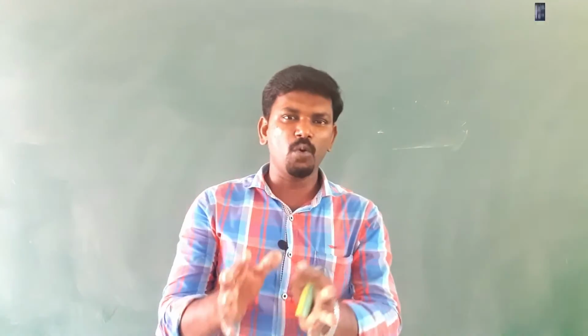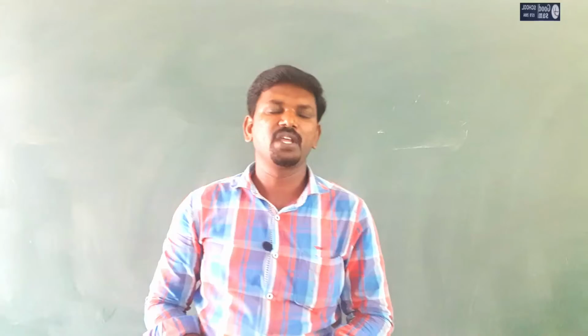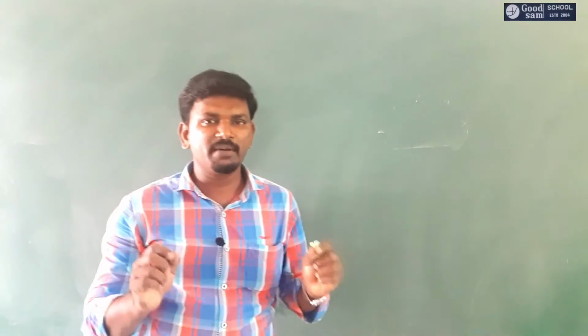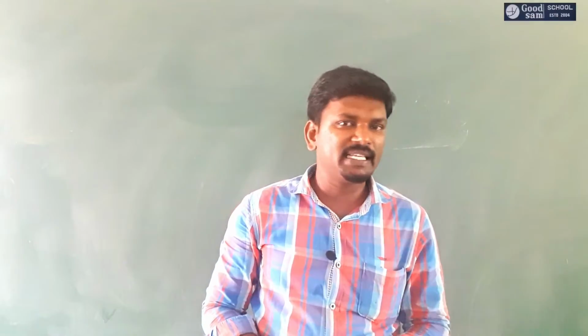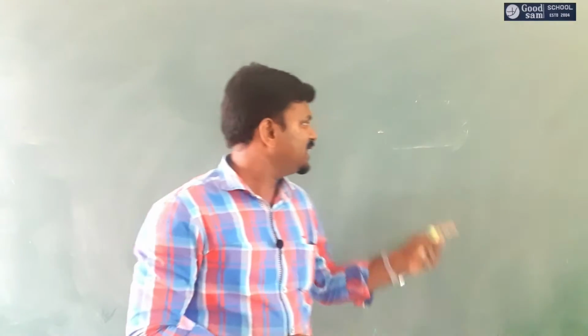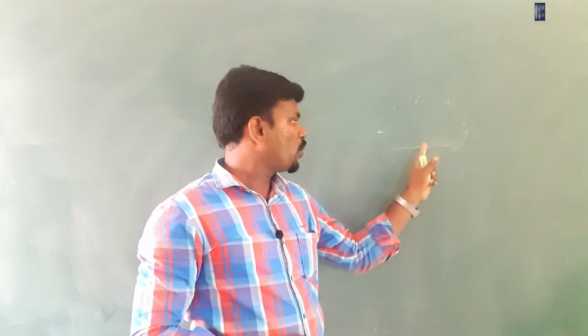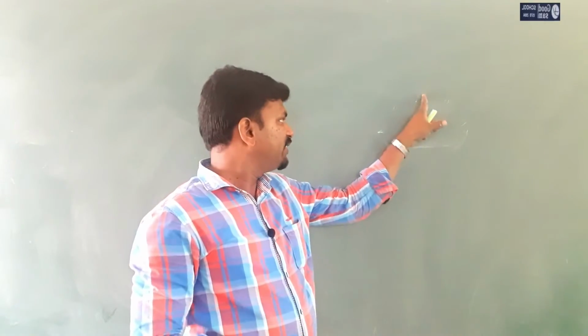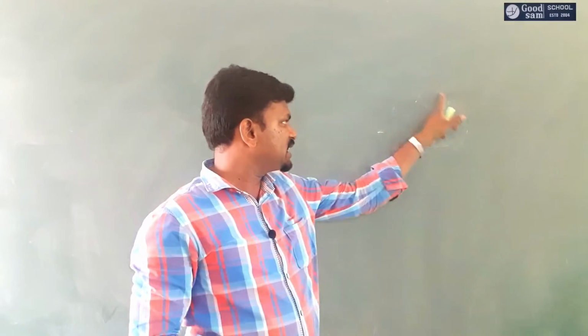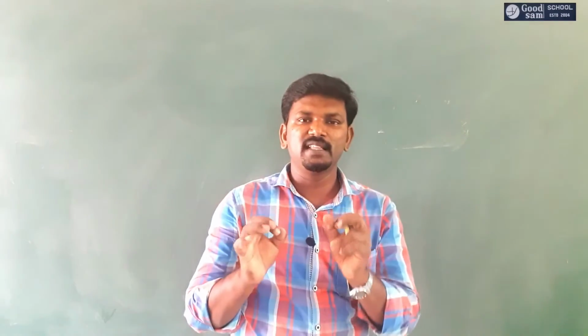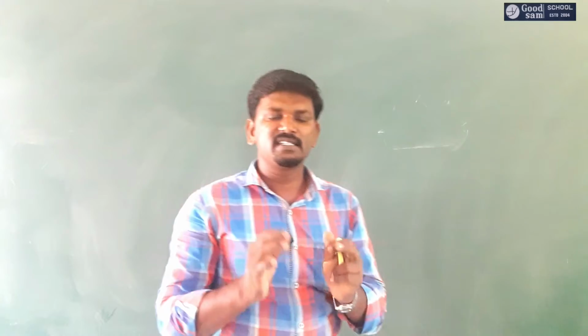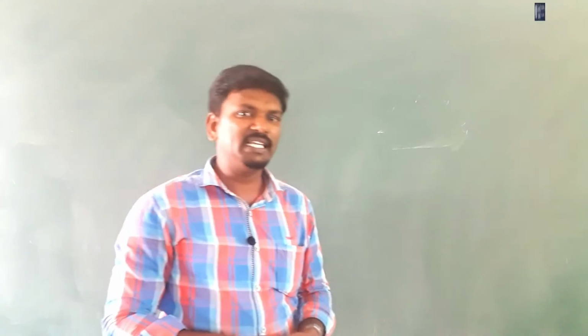So be thorough with the statement. The statement of the basic proportionality theorem is: a straight line drawn parallel to one side of a triangle will divide the other two sides in the same ratio. This is the statement of the basic proportionality theorem in simple words.